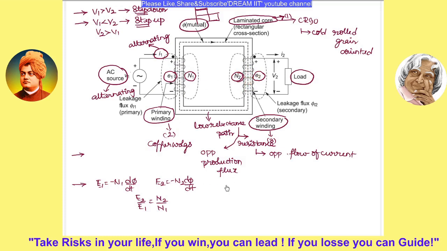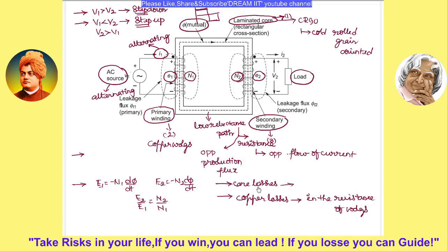What are the types of losses? Losses will be there. In the core we have the core losses, and in the windings we have the copper losses. Copper losses appear in the primary winding and the secondary winding, that is, in the resistance of the windings.